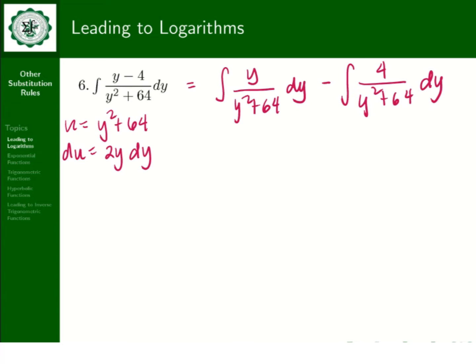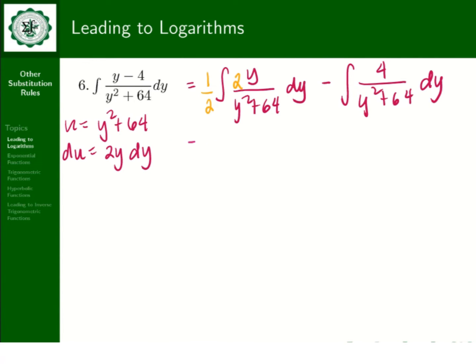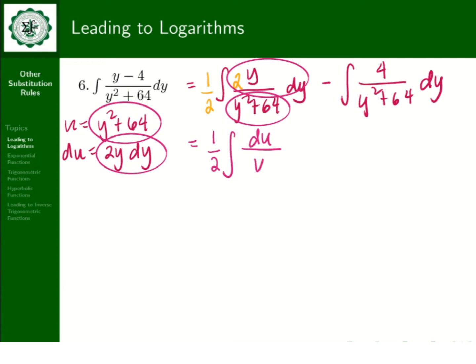We need to introduce 2 inside the integration symbol and then put a correction factor of 1/2, so the first term will become 1/2 integral of, so 2y dy will become du, and y squared plus 64 will be replaced by u. The answer to this one is 1/2 ln of the absolute value of u. We'll just put the plus c later when we finish the answer to the second term.